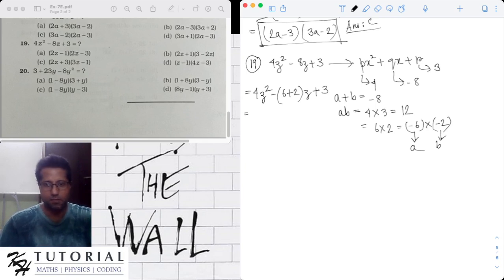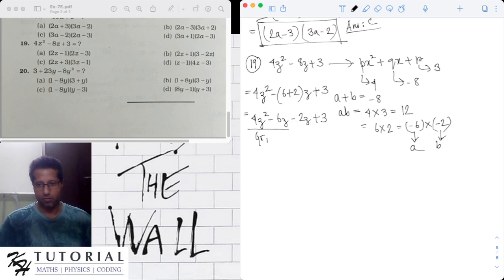So this is equal to 4z square minus 6z minus 2z plus 3. Now you can take the first two terms and form two groups. The first two terms form group 1 and the last two terms form group 2. So you can form the groups like this: 4z square minus 6z plus minus 2z plus 3.